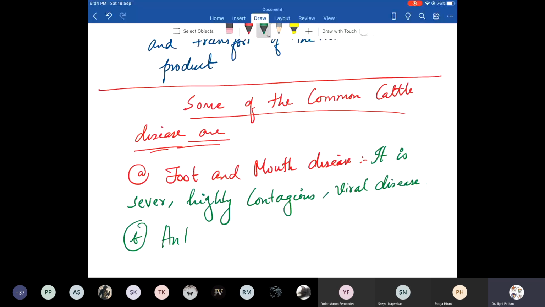Anthrax is caused by a bacterium, that is Bacillus anthracis.